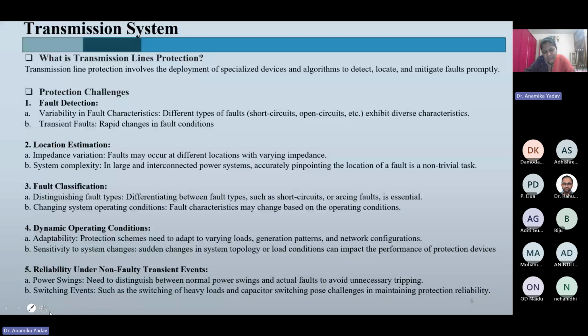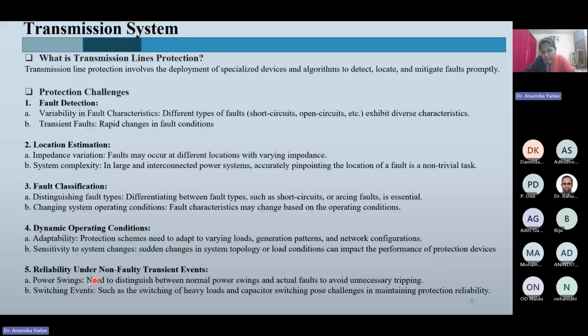These two events are basically the main reason behind the blackouts that occurred in India, particularly in the year 2013. For power swing, the scheme needs to distinguish between a normal power swing and an actual faulty condition to avoid unnecessary tripping of the distance relays.